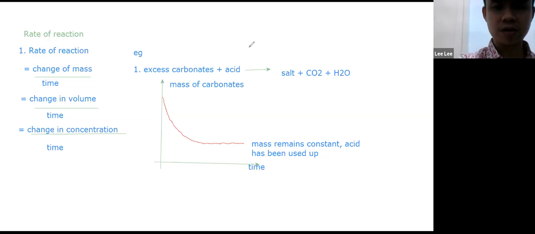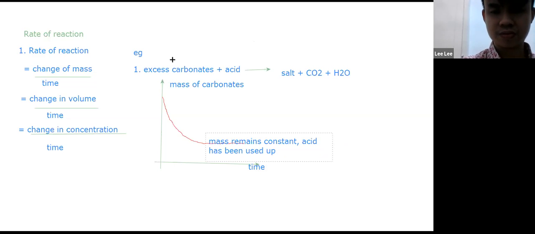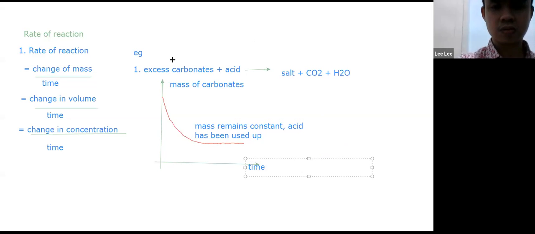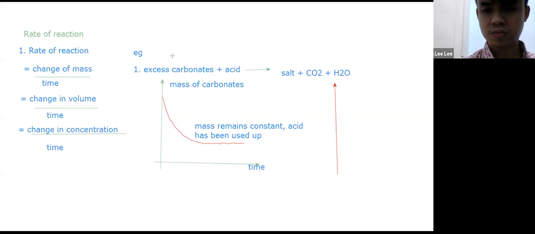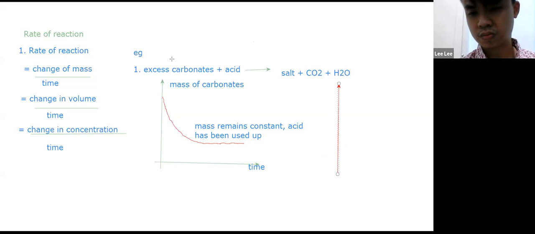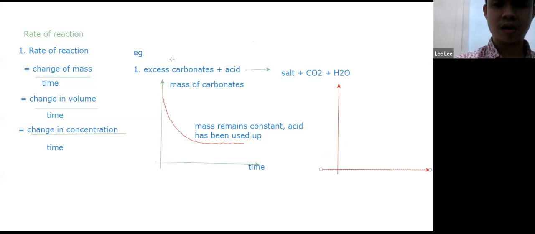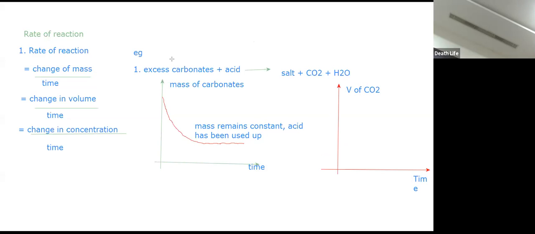But if you plot a graph of CO2, so now let's say I'm plotting a graph of volume of CO2 against time, how will the graph look?